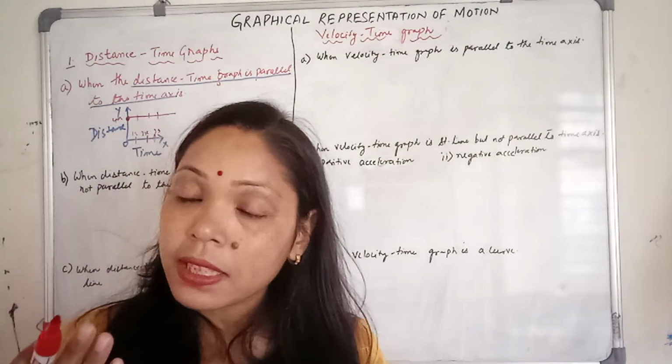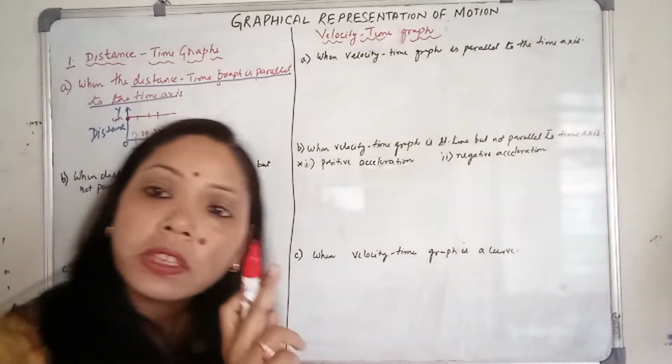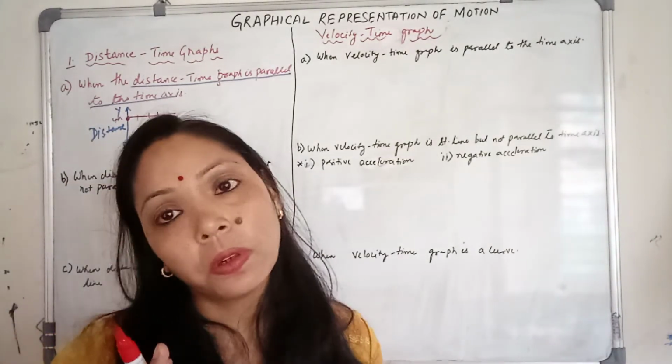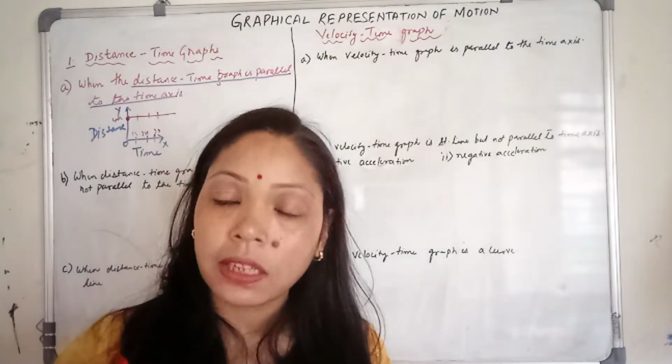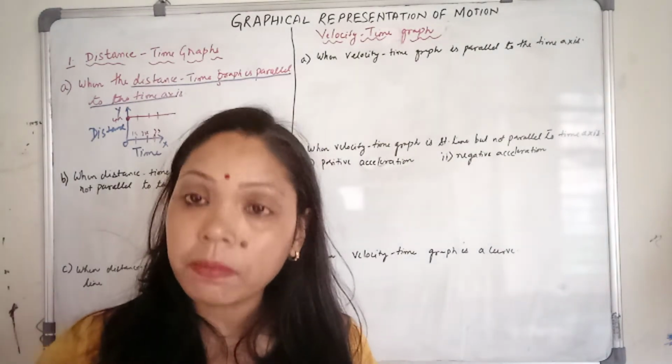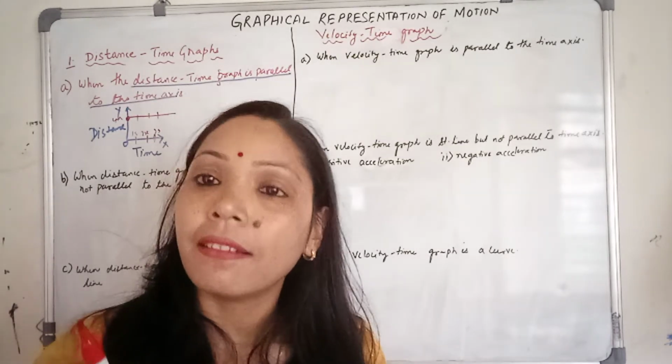So what can we say? Here the distance is not changing with respect to time. So whenever the distance is not changing with respect to time, it means the body is at rest.